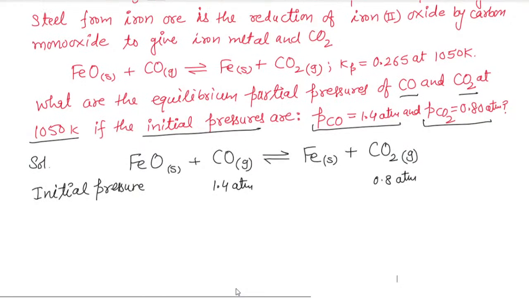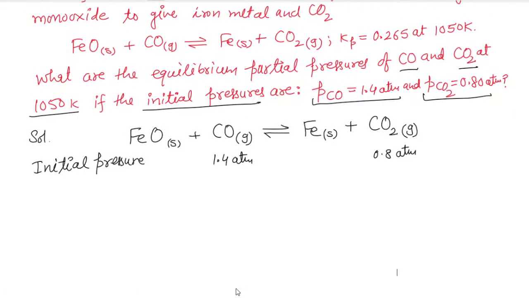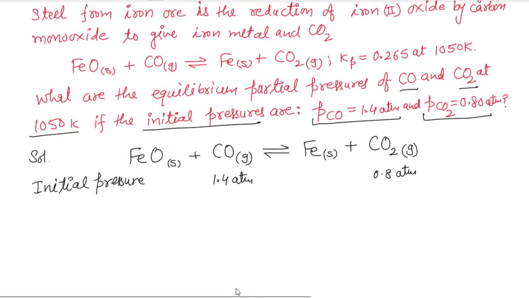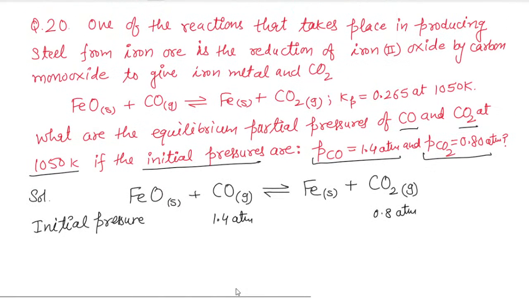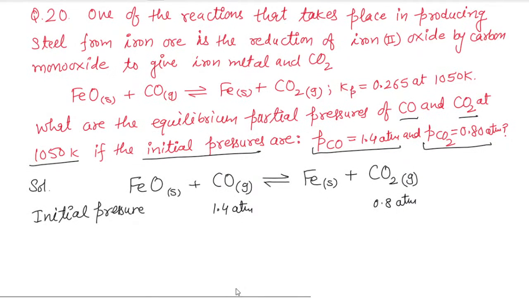Now, what are the equilibrium pressures of CO and CO2 at 1050 Kelvin? Nothing is mentioned... Kp is not given to us, or is it? Yes, Kp is given to us. Yes, that's what I wanted to find, because we should have Kp.